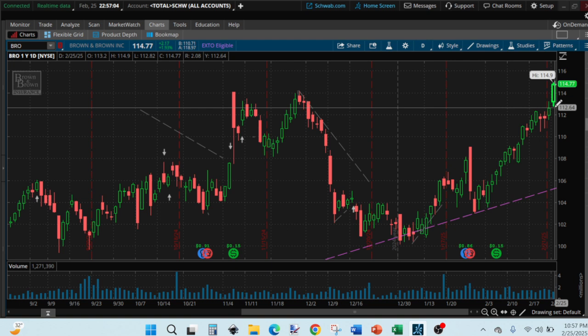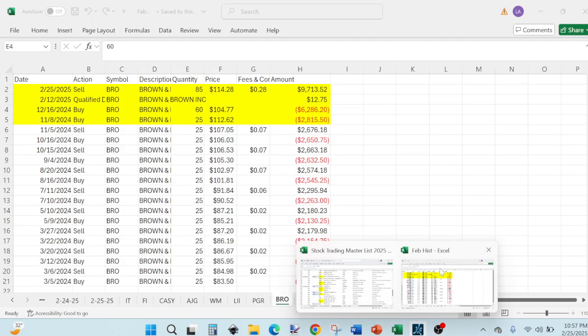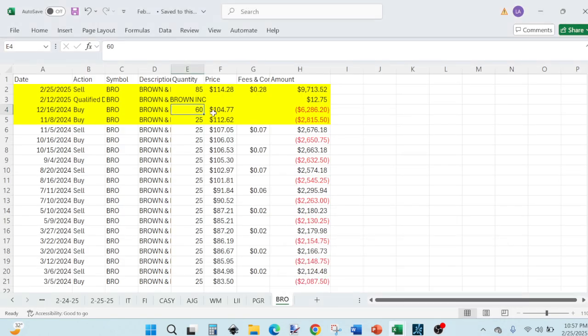We bought it around 112, so 112 to 114 is like $2 profit per share there. When we bought it at 104, rounded to 105, and sold it at 114 something, so about $9 profit per share there.